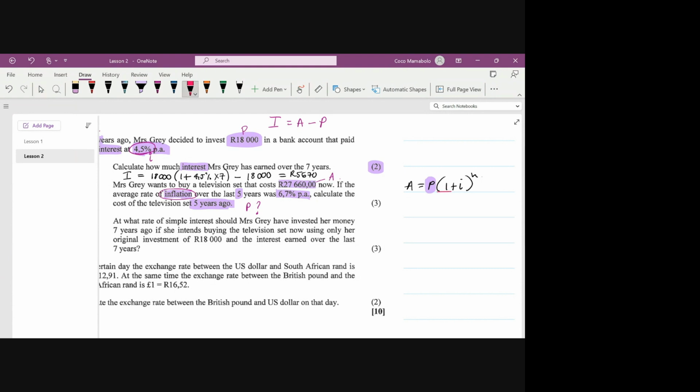So we're going to divide both sides by 1 plus I to the power of N. So our P value is going to equal 27,660 over, open bracket, 1 plus our interest rate, 6.7%, to the power of the number of years, 5 years. And we can find the answer there. It's going to be 20,000. Is it 20,000 on the dot? I don't know about that.